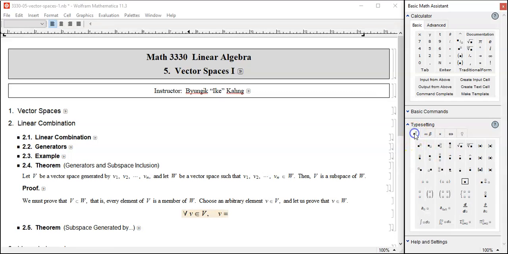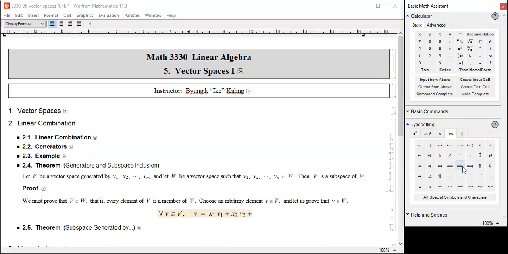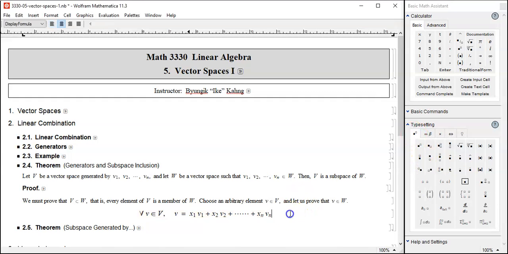v can be written as a linear combination of V1 through Vn because these generate capital V. So is everybody following here? We just used generating.